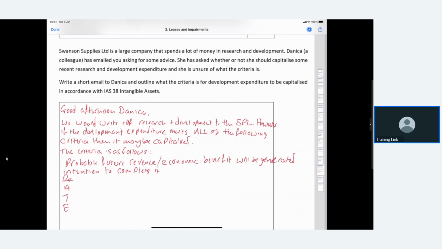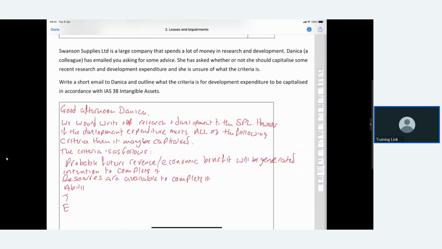R, since it's pirate, R. Resources are available to complete it, i.e., we have the tools and the materials and the labour in order to be able to finish off the project.